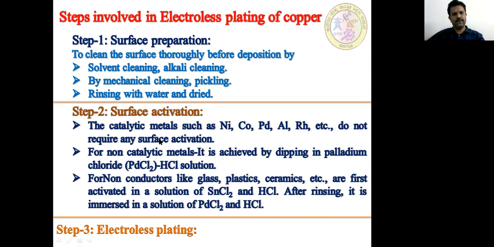Here, if the substrate is made up of either nickel, cobalt, palladium, aluminum, or rhodium, then there is no need to go for any surface activation, because these metals themselves provide an activated surface for plating of copper.